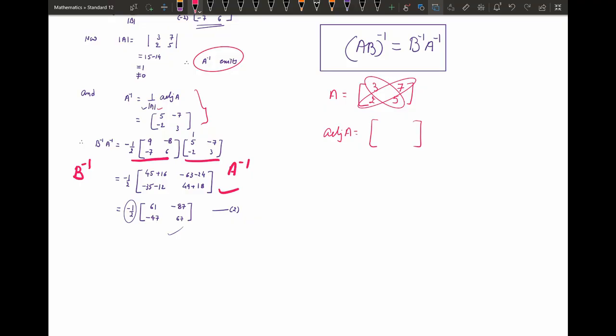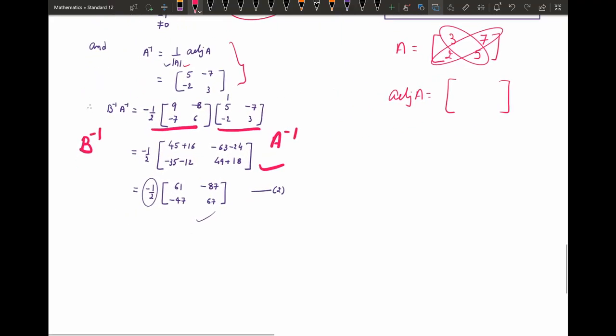Again, as usual, we know how to find this multiplication: using this, prepare the first column, and using this, prepare the second column. So this is our multiplication B inverse into A inverse, say result number 2.